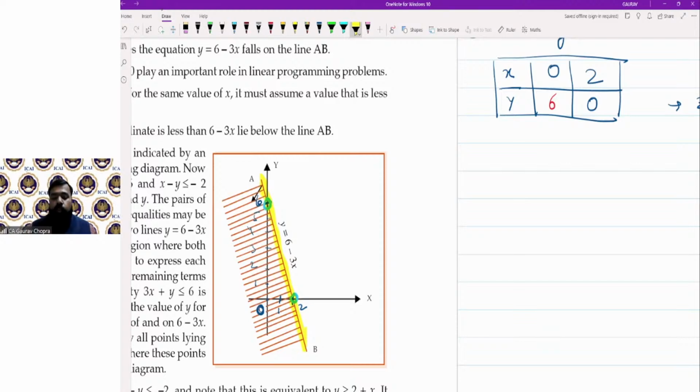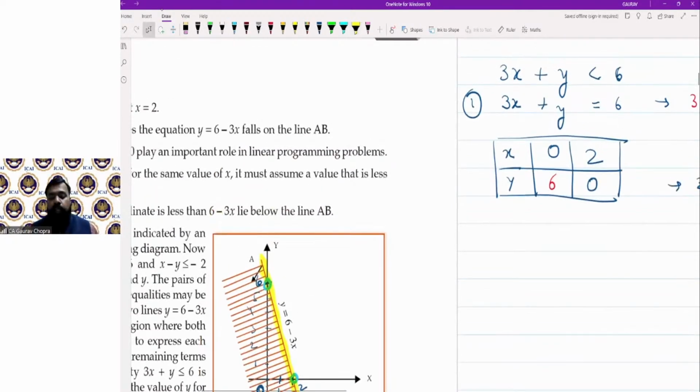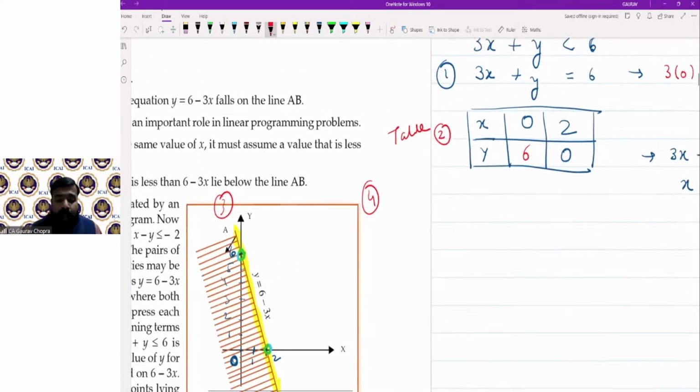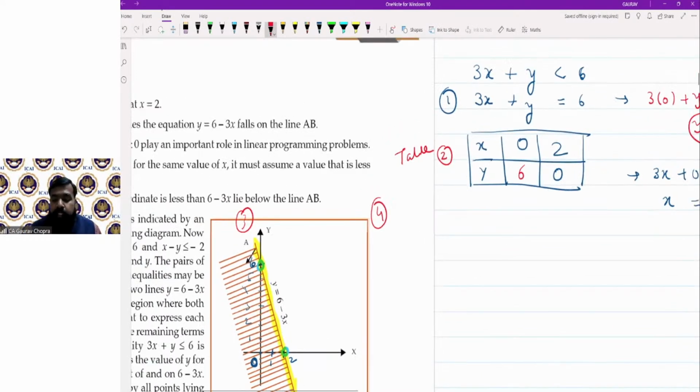Okay, the first step was to convert this into equality. The second one is form a table, that is the coordinates. The third step is take the graph, substitute the values and then form the line. Now the last step में क्या करना है? Fourth step में mark करना है required area. So for that, see the inequality sign. What is the sign used here?